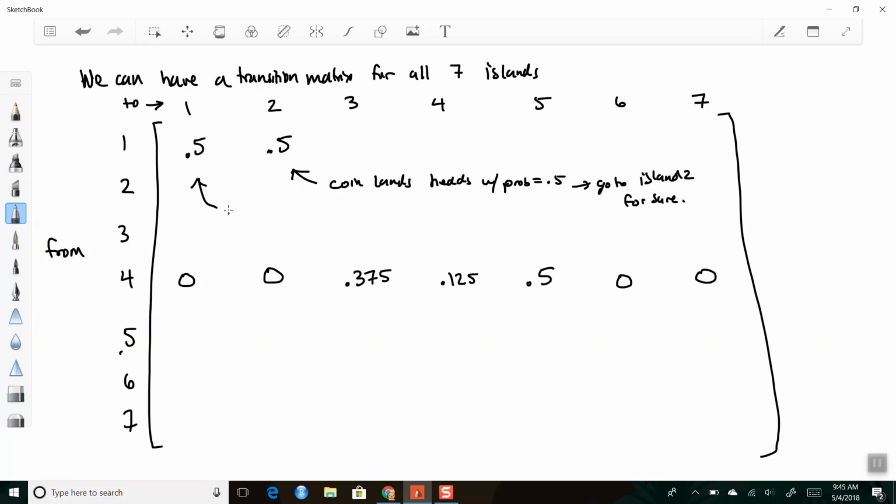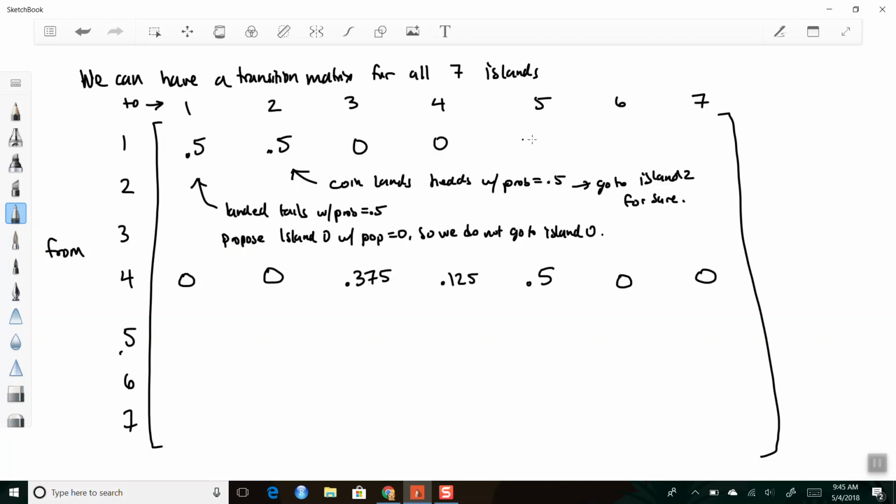So this means landed tails with probability 0.5, we propose island 0 with population equal to 0. So we do not go to island 0. Okay, and then if we start off at island 1, we cannot end up at islands 3, 4, 5, 6, or 7. Okay. And you can imagine filling all of these out.